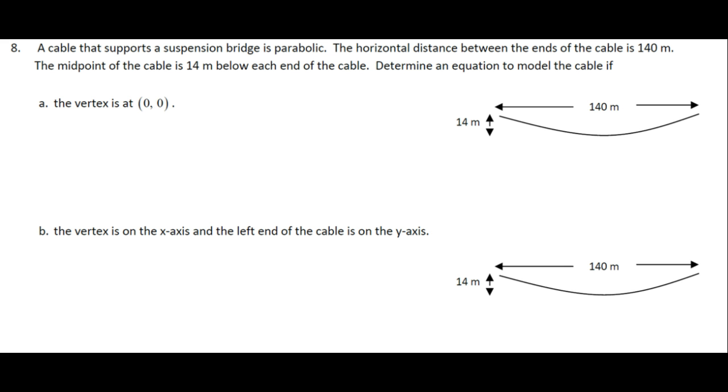Okay, so what we're going to do, now you notice we're going to get different equations for this, and it all just depends on where your vertex is, right? So the vertex is at 0, 0, tells us, well, we got to go here and here. So there's 0, 0. Okay, I got the vertex. I need a point on the graph. What is this point here?